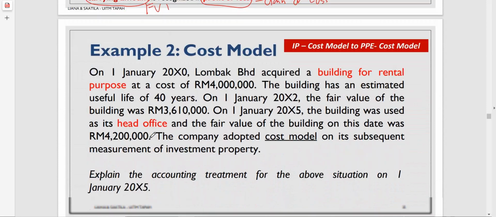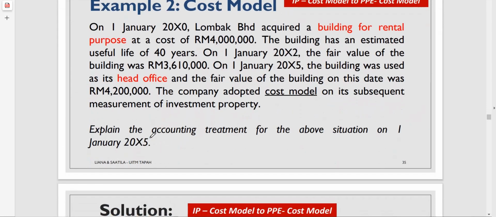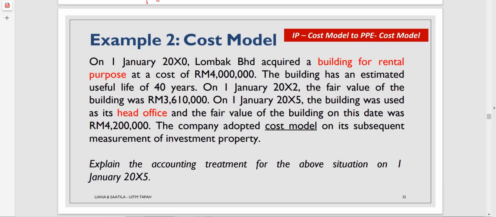Let us look at the first example, which is example number 2, on the cost model. It shows the illustration of an IP that uses the cost model, and when it becomes a PPE that also uses the cost model. Whenever the question remains silent, you assume that the IP also uses the cost model, or the PPE also adopts the cost model, unless stated otherwise, like in this question.